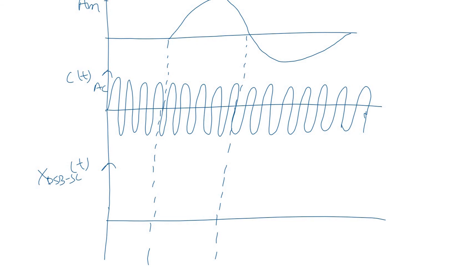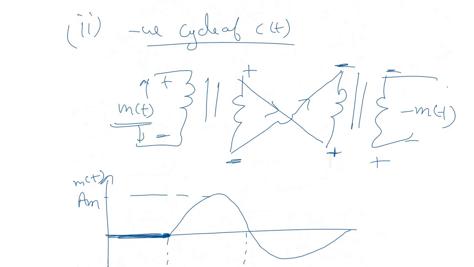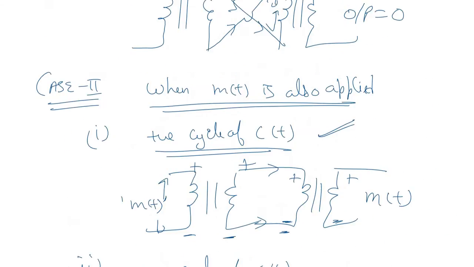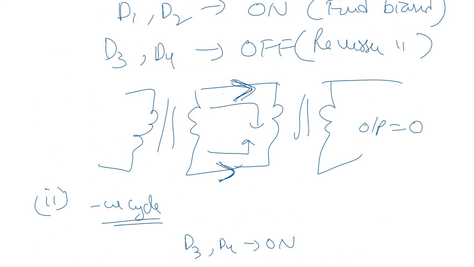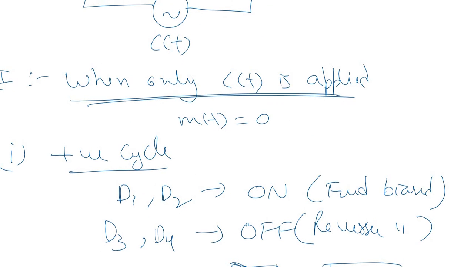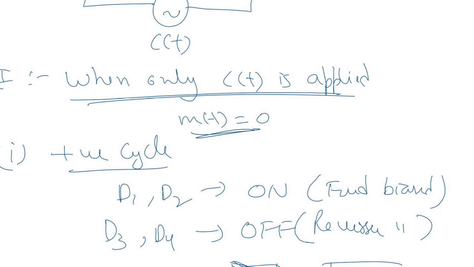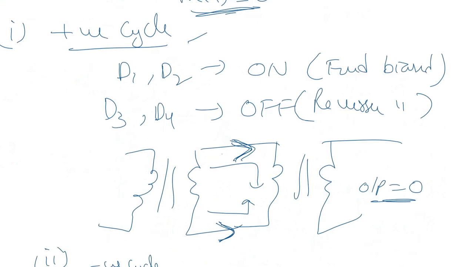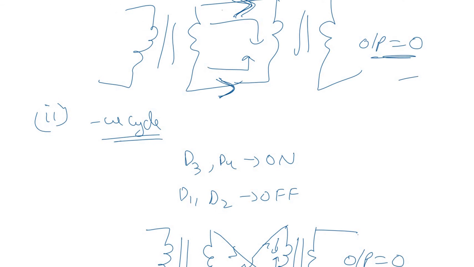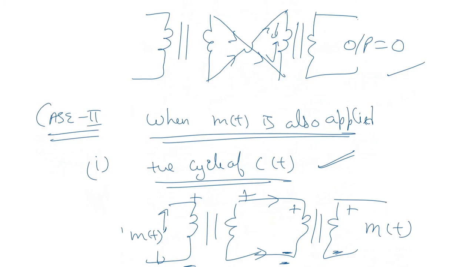So till this point, the message signal is 0. When the message signal is 0, m(t) is not applied. We have already seen that the output is 0. When the message signal is 0 and only the carrier is applied, the output is 0 for the positive as well as the negative polarity of the carrier.